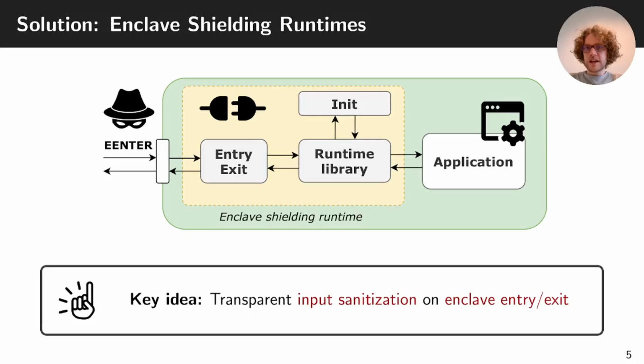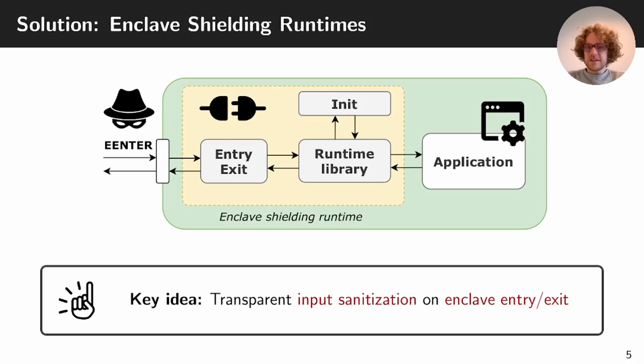For this kind of bridging, the term enclave shielding runtimes has come into use, which essentially build that bridge, as is shown here in the yellow, by transparently interposing every entry and exit of the enclave application and sanitizing things like pointer state, CPU registers, and even things like a small initialization and runtime library.